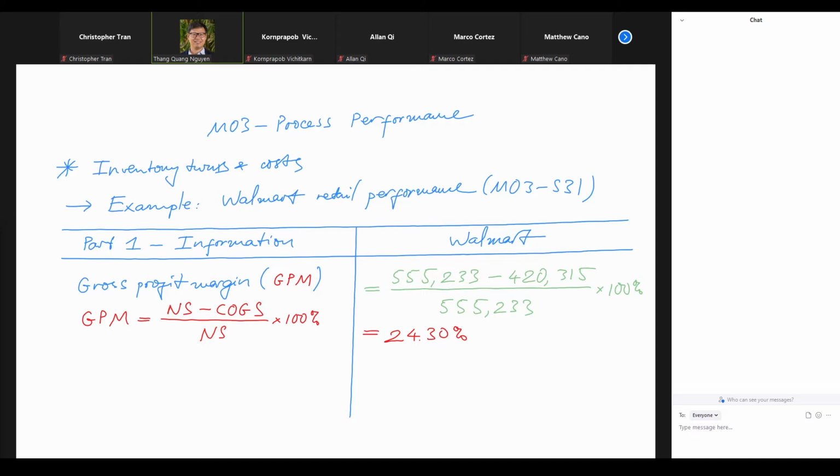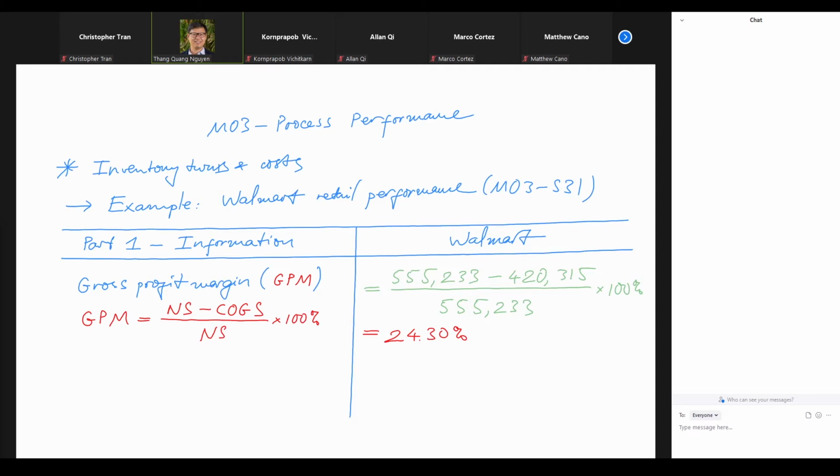So it means the following: if Walmart is selling $100 worth of merchandise, then out of the $100 revenue, $24.30 are part of the gross profit. We call it a gross profit because later on you have to net out the taxes and other costs before the net income. So that's why at this level we only have the gross number.